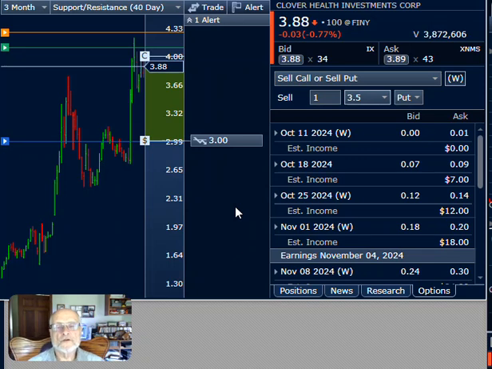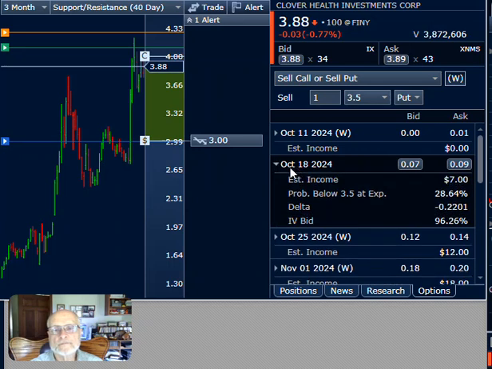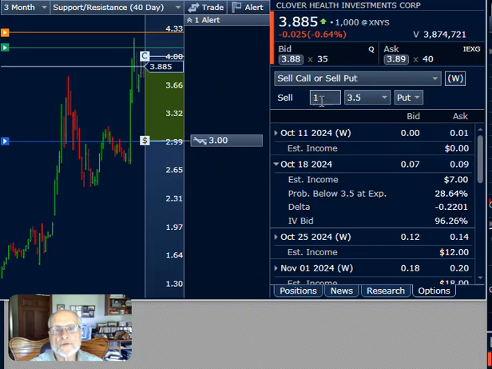If the shares drop to $3.50 by, for example, October 18th, I will be obligated to purchase 100 shares, which is one contract, at $3.50, so that would equal $350.